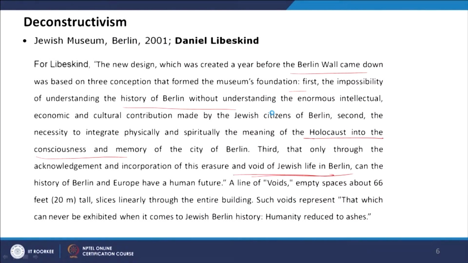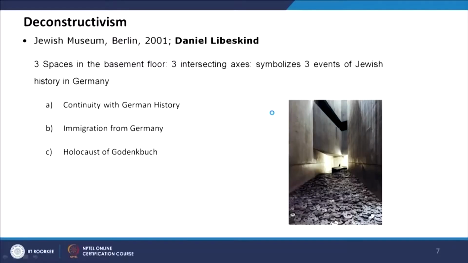Within the building, many of the spaces are very claustrophobic and have a high degree of inertia, with lines coming out at different angles, which creates a very claustrophobic situation. There are three spaces in the basement floor, three intersecting axes, which symbolize three events of Jewish history in Germany.